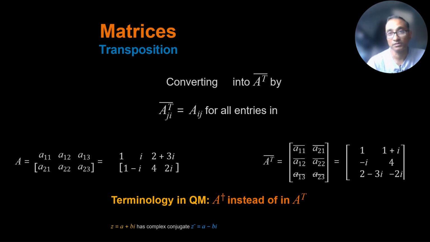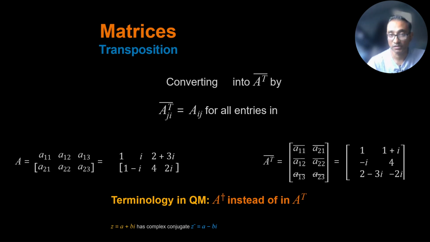One of the important concepts is transposition, which is denoted by the notation raised to the power T. This is achieved by converting the rows in a given matrix into columns and then taking the complex conjugate of that.